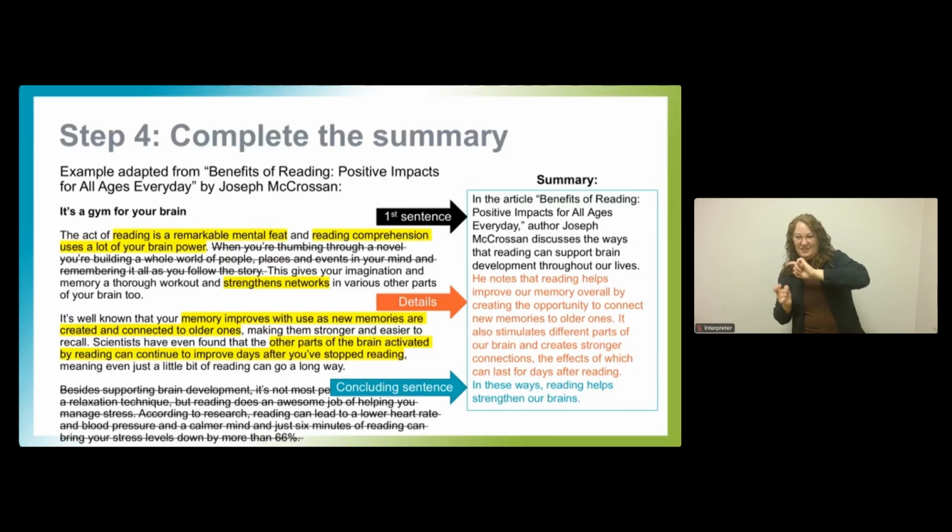In the opening sentence, I wrote, author Joseph McCrosen discusses the ways that reading can support brain development. And then the concluding, reading helps strengthen our brains, right? So there's that restating of that main idea. This idea that reading is good for our brains, right? And you could say that in many different ways. And it's up to you how you get to decide how you want to paraphrase the original ideas.